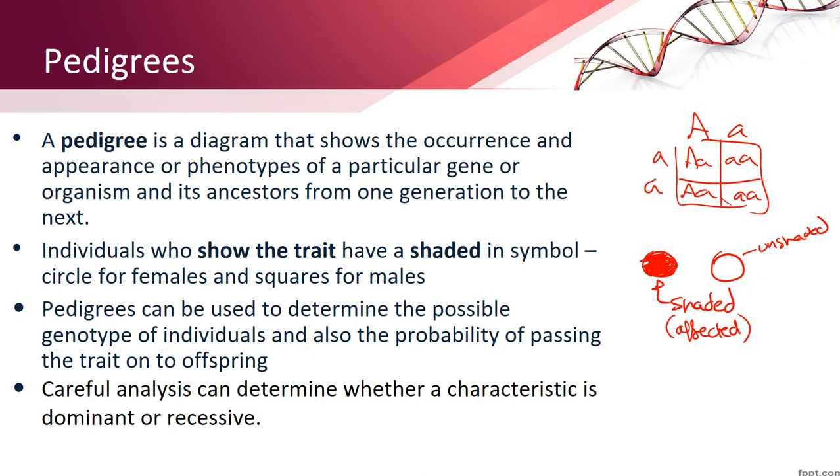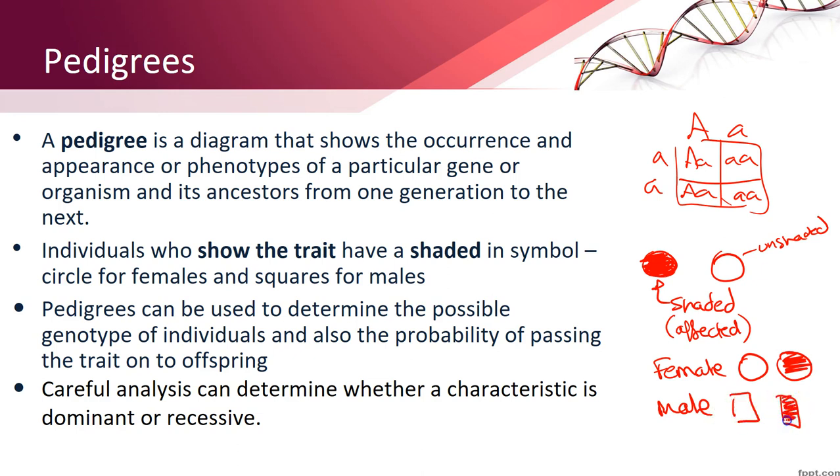In all pedigree cases, because we're usually looking at males and females and the offspring that they have, a female will be represented by a circle, so that could be shaded or unshaded, and a male will be represented by a square.